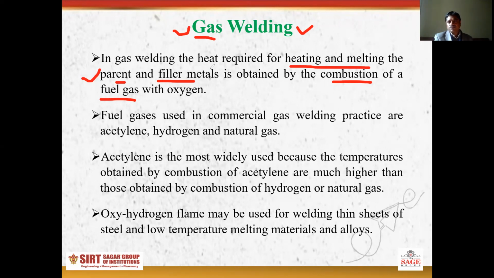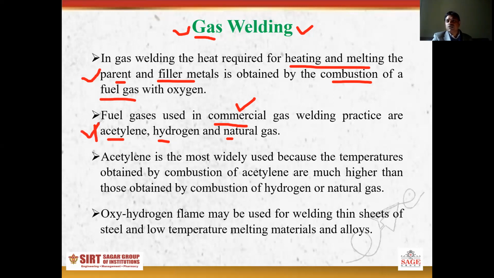Second one: which kind of gases is used? Acetylene, hydrogen and natural gases are generally used for gas welding commercially. So the fuel gases used in commercial gas welding practice are acetylene, hydrogen and natural gases. Among these, acetylene gas is widely used.